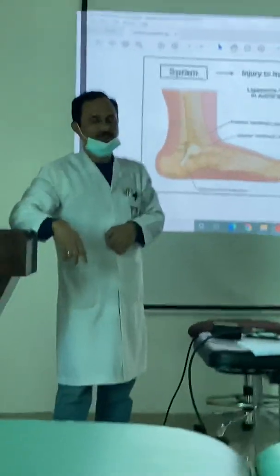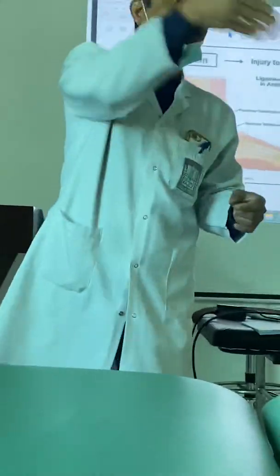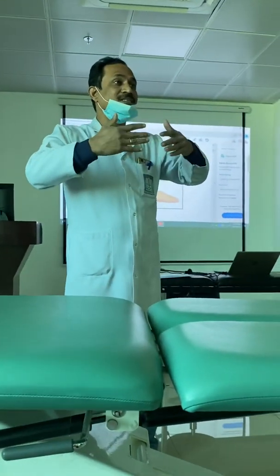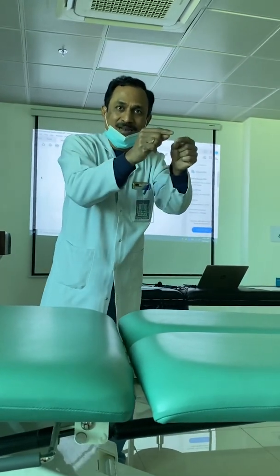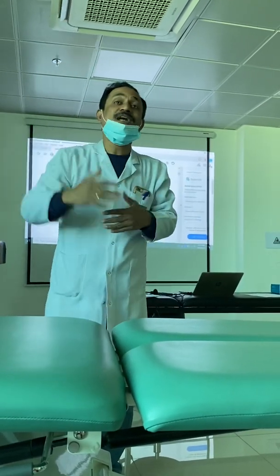Why? When muscles are starting or ending, there will be nerve and blood supply to the muscle. That blood supply to the muscle will also increase blood supply to the bone.